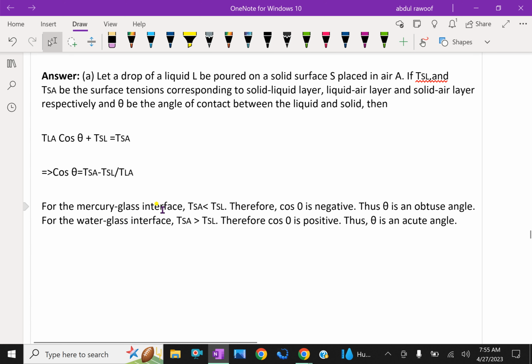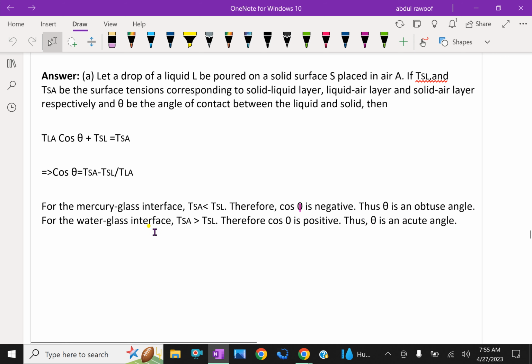For the mercury-glass interface, TSA is lesser than TSL, that is, the solid-air tension is lesser than the solid-liquid tension. Therefore, cos theta is negative. Thus, theta is an obtuse angle, that is, more than 90 degrees.